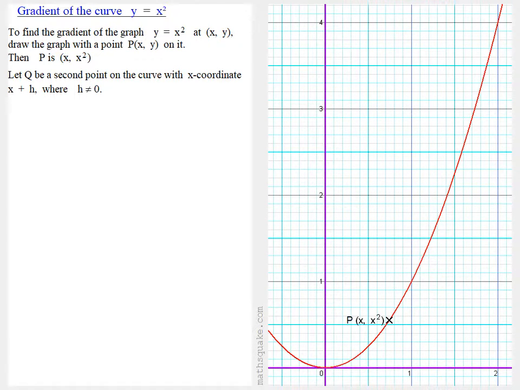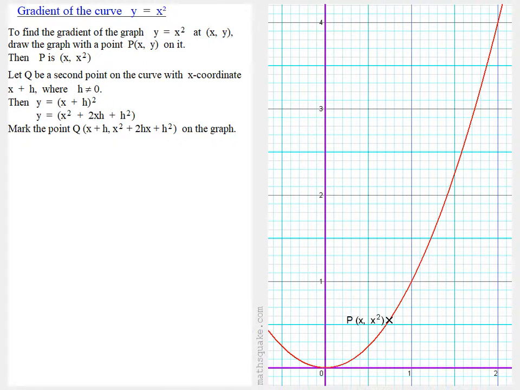Now let Q be a second point on the curve with x coordinate x plus h, where h is not equal to 0. Then y is equal to x plus h all squared, and we can expand that bracket to give y equals x squared plus 2xh plus h squared. So we can mark the point Q, which has coordinates x plus h and x squared plus 2hx plus h squared, on the graph. And we can draw the line PQ.